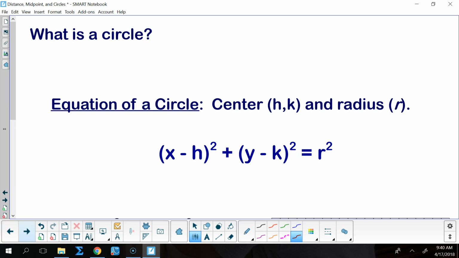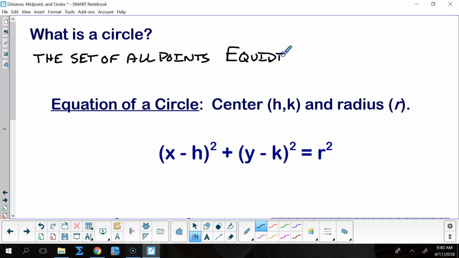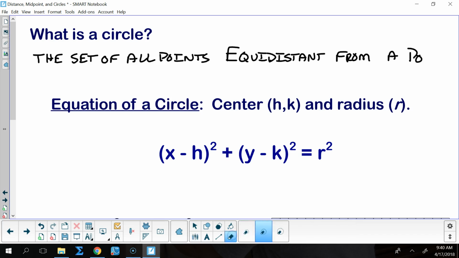But the true mathematical definition of a circle is the set of all points equidistant from a point.